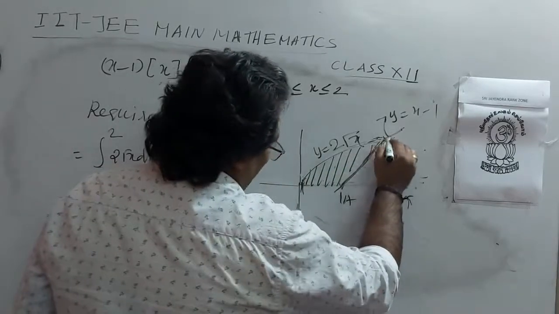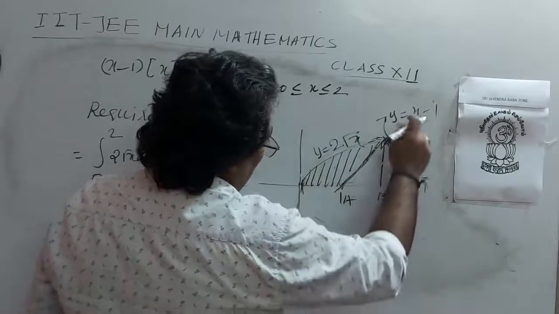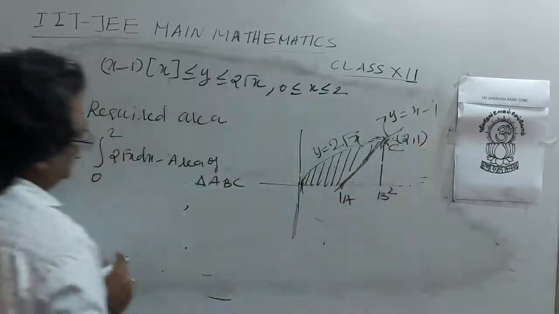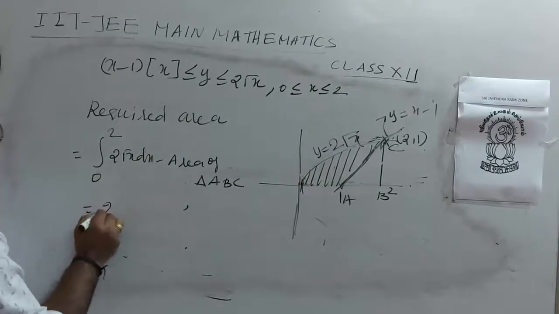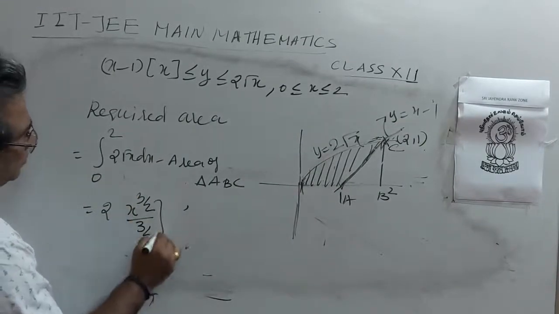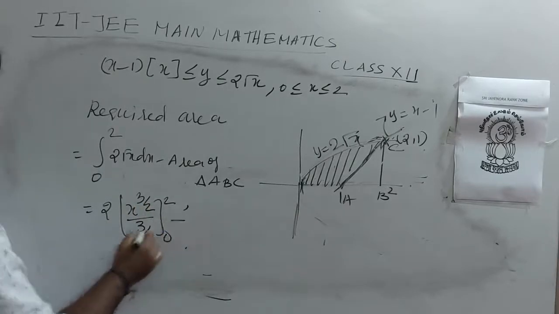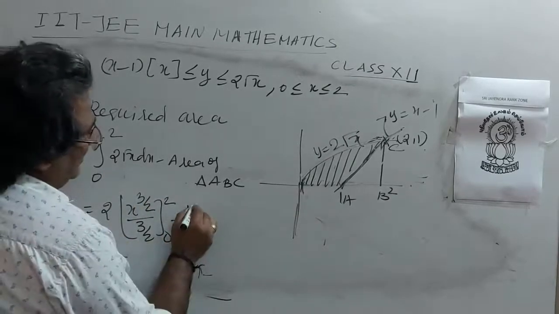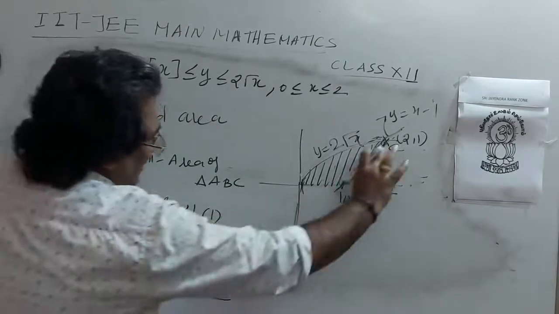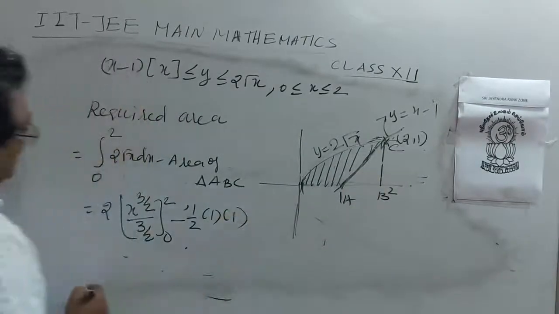This point will be here, x equal to 2, therefore this point will be (2, 1), (2 minus 1, 1). 2 into x to the power 3 by 2 over 3 by 2, from 0 to 2, minus area of triangle, which is half into the base; the distance will be 1 unit. This also is 1 unit.